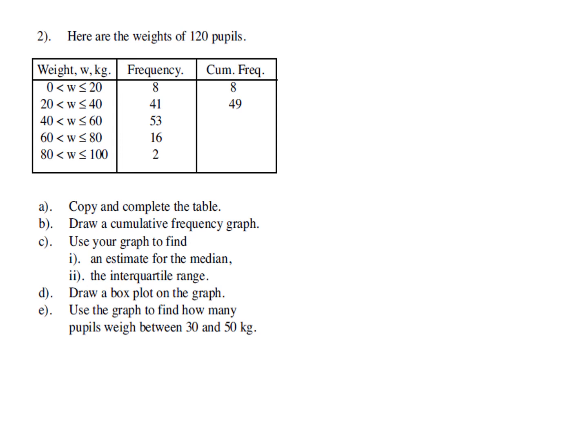The context of this question is the weight of 120 pupils, from 0 up to 100 kilograms. Here are my frequency values. They've started filling in the cumulative frequencies. They've done 8, they've done 49, which is 8 plus 41. So I want you to fill in the rest of those.